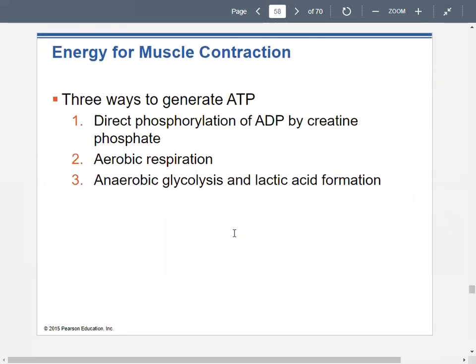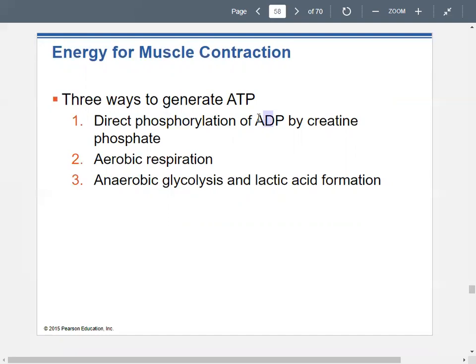So how do we make more ATP? We have direct phosphorylation of ADP by what we call creatine phosphate. And before you begin, like, well, what's phosphorylation? Well, let's look at the beginning of it. What's this? Phospho, which means phosphate. ADP has how many phosphates on it? What's the D stand for? You got to remember? Di.